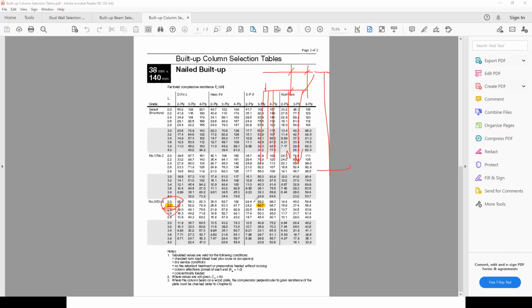So here, I'm going to start with a 3-ply and see if it's okay. If I wanted to be really pessimistic, I should have gone to a 4-ply, but I'm going to feel comfortable here because my PR value is about twice my PF value. So as a trial section, SPF number 3 is a good starting point.